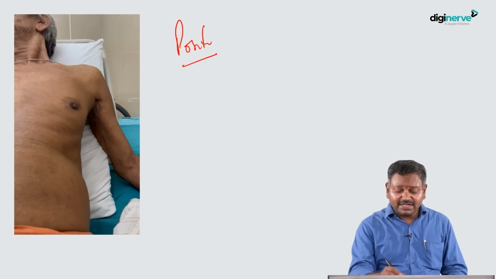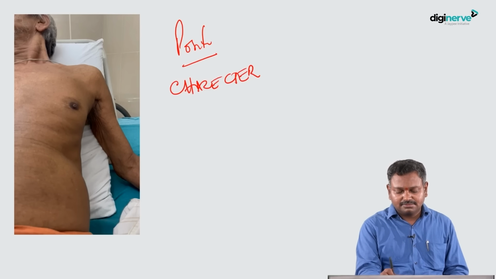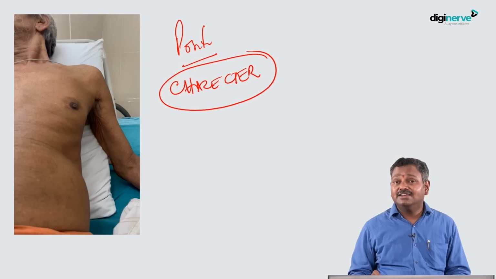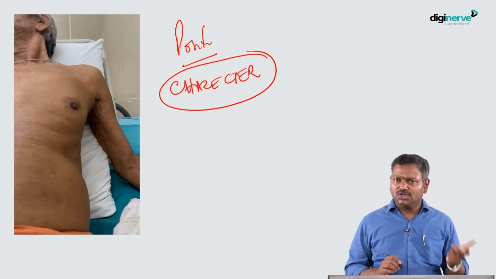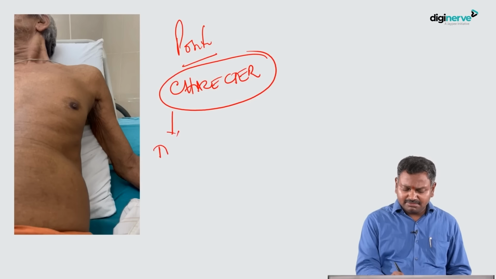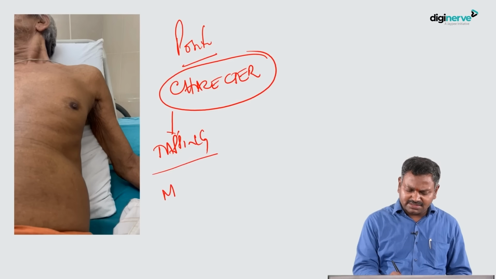Next, you feel for the character of the apex. You feel and confirm the character of the apex. The normal apex is considered as mildly tapping. It could be tapping when it comes nicely, hits your finger and goes, classically seen with mitral stenosis.